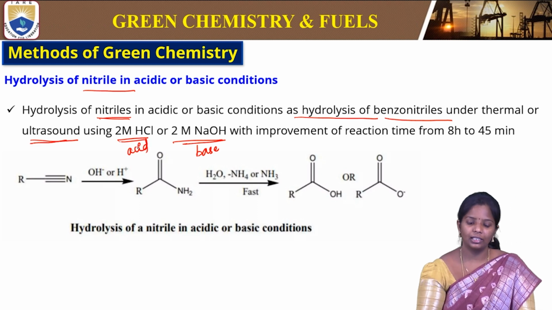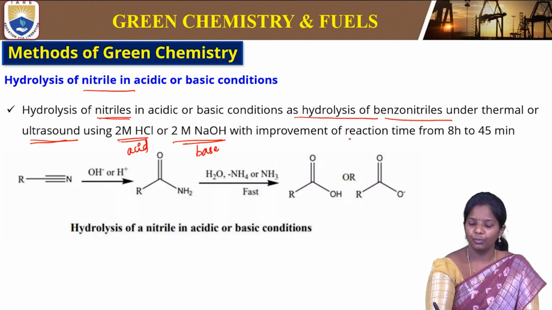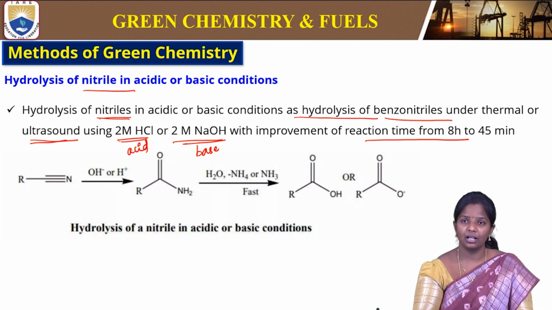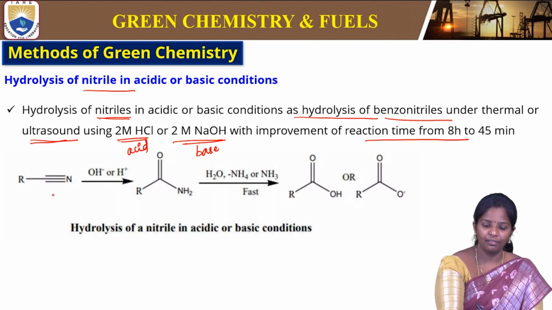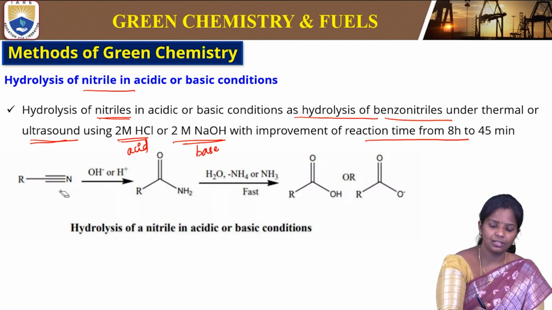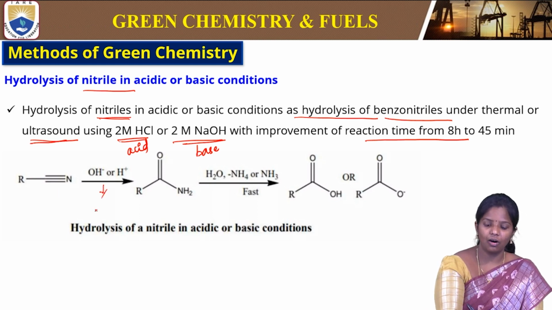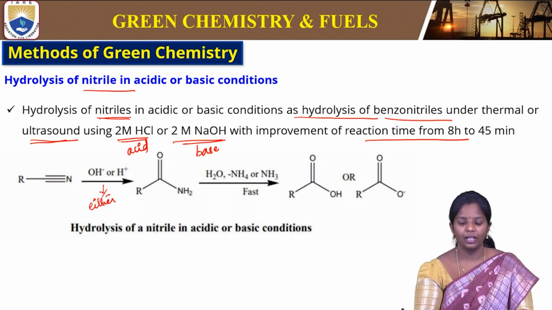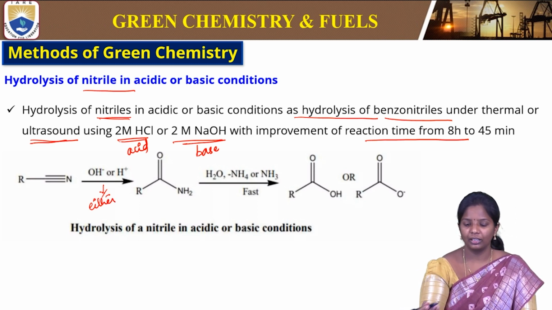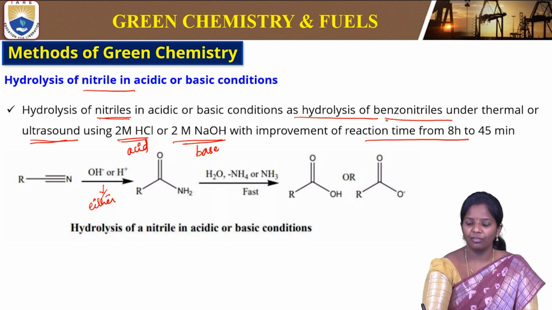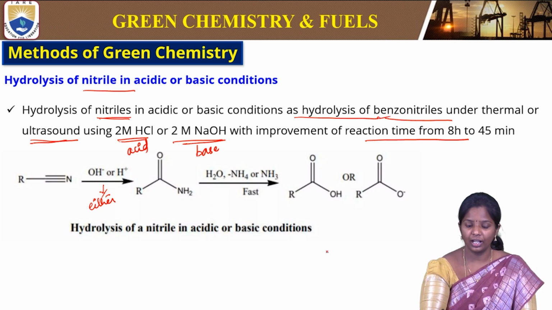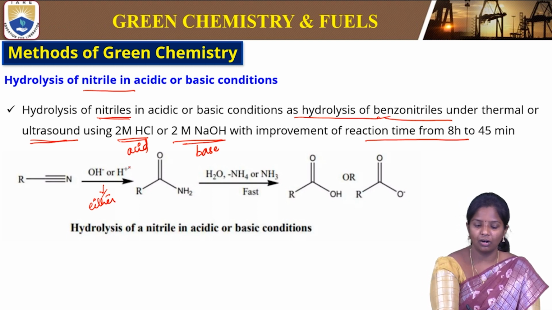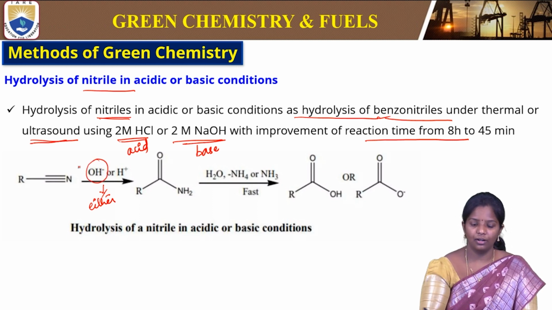We can use either acid or base, with improvement of reaction time from 8 hours to 45 minutes. So what is happening here? We are having nitriles, and in either acidic or basic medium, hydrolysis can take place with H plus or OH minus ions.